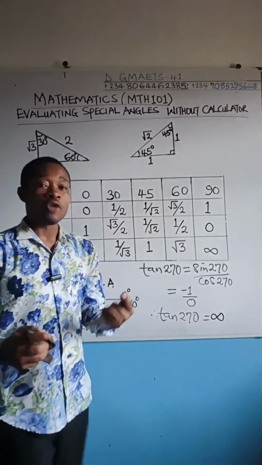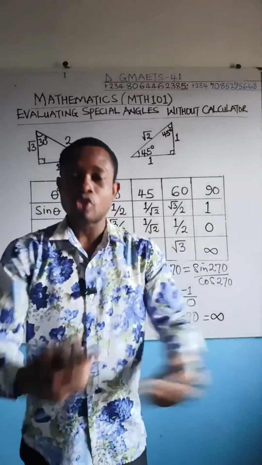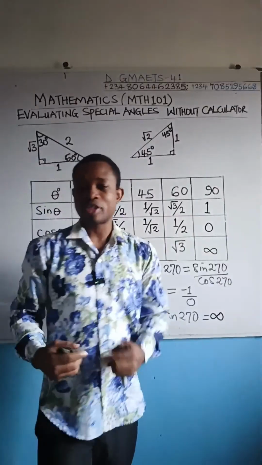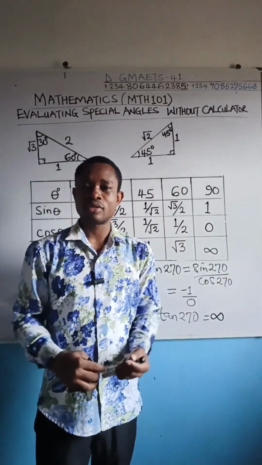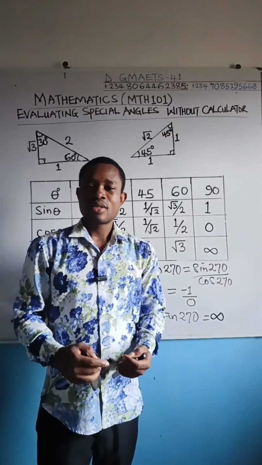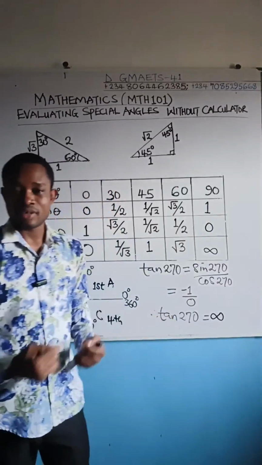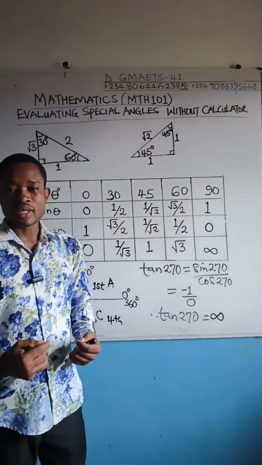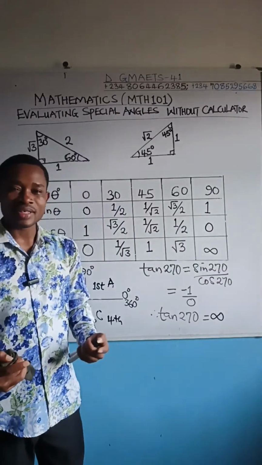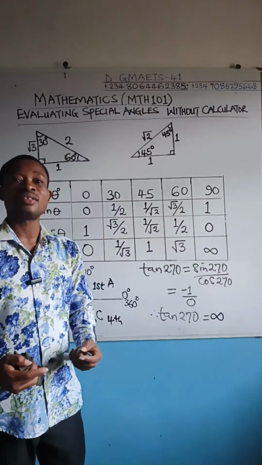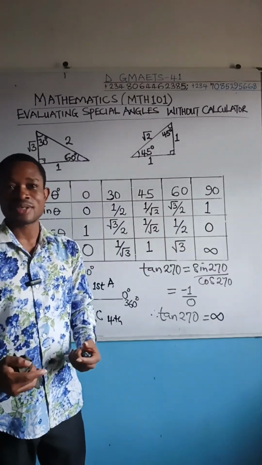Then later, I'd like to apply the knowledge of students being able to know their special angles and how to evaluate them. I'd like to use that knowledge to solve a question, about 9 p.m., so that you appreciate what we have been doing here. Like I said, most exam bodies go on CBT exams. And for this CBT exam, these exam bodies have learned not to allow students to use calculators.